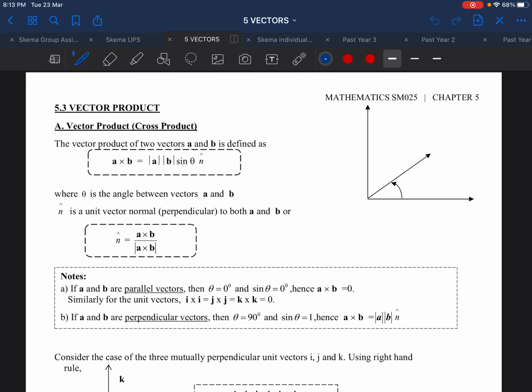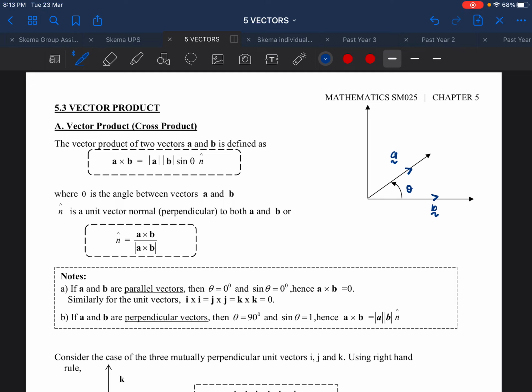Kalau kamu tengok dekat sini, kita ada graf kita. Ini ialah kita punya vector U, ini direction vector U kita, dan ini ialah angle kita. Contoh saya guna A dengan B senang. Ini direction vector A, ini direction vector B kita.